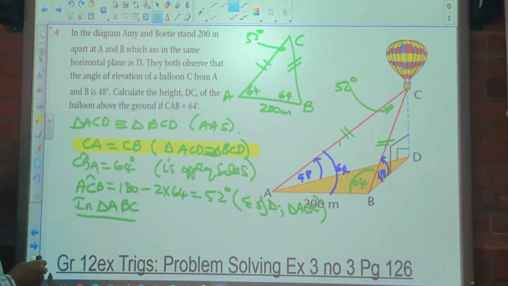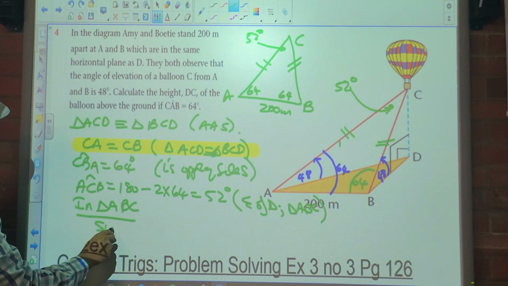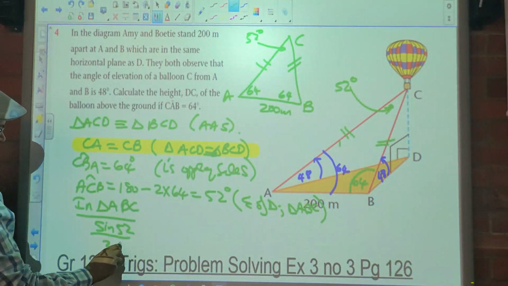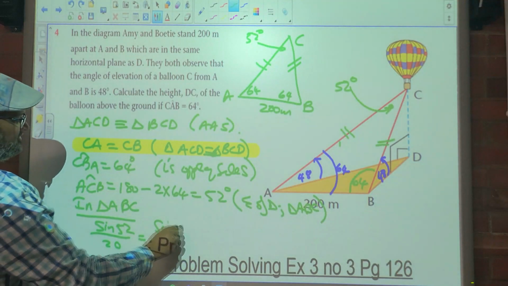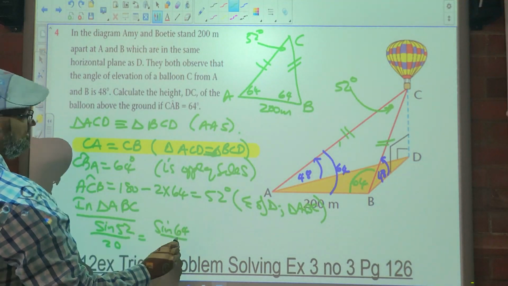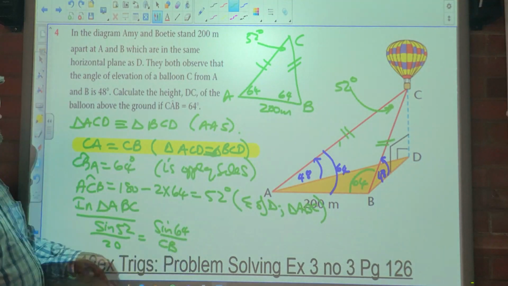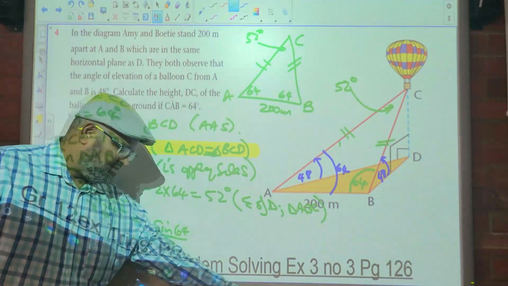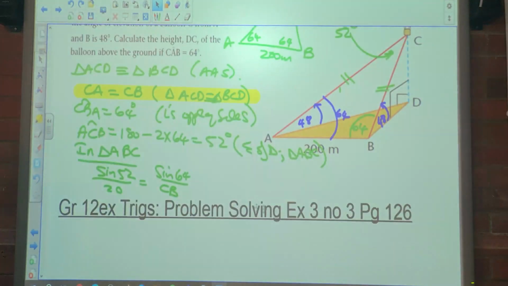So, according to the sine rule, what would it be? Sine of 52 over 200 is equal to sine of 64 over CB. Or I could have gone with AC. Okay. So let's carry on.